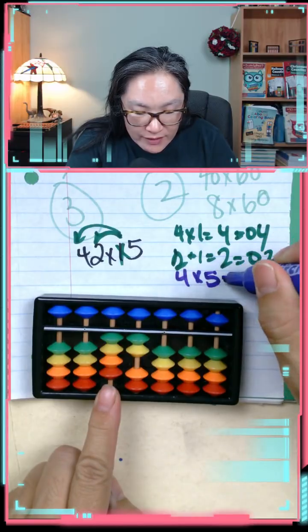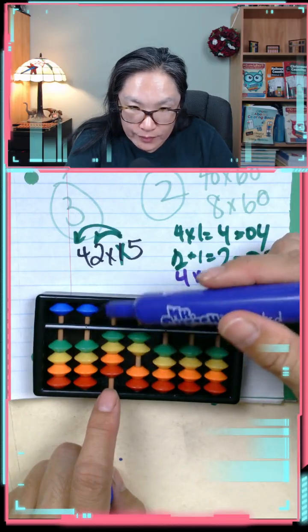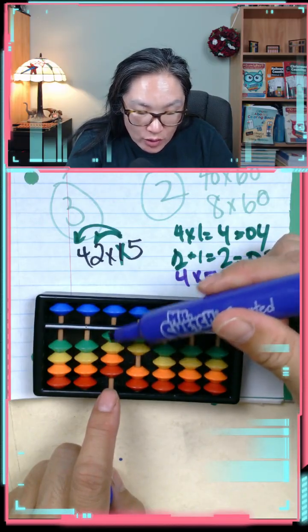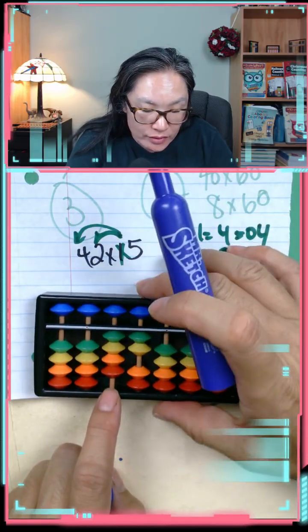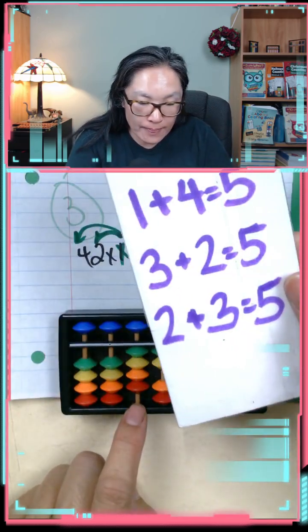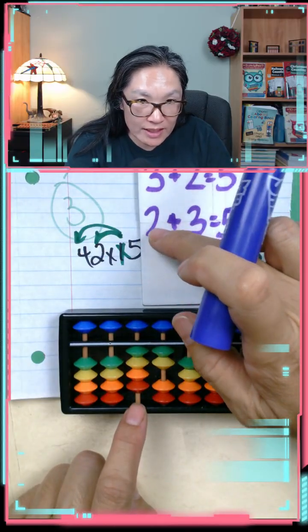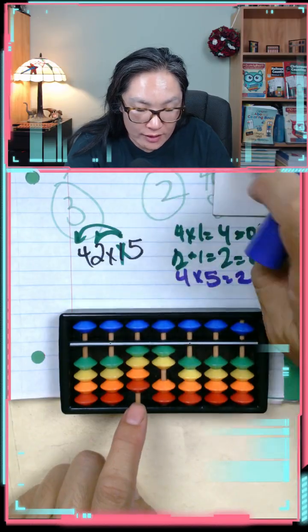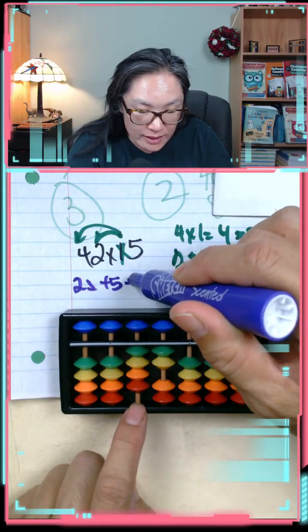4 times 5 is equal to 20. This is where we need to understand formulas, right? I don't have enough to add the 2. Because I don't have enough to add the 2, I need to understand how to make a 5. Plus the 2 is equal to plus the 5 minus 3.